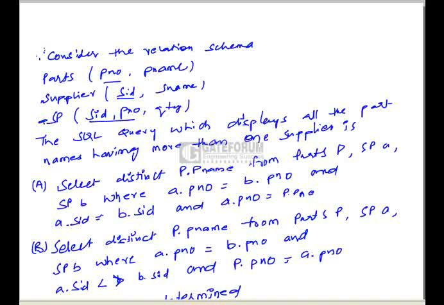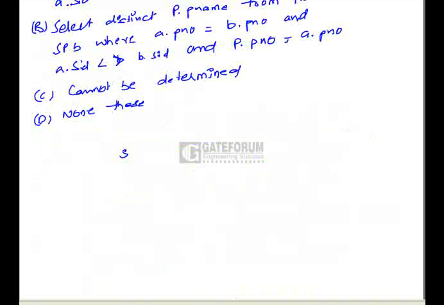Here the query is all the part names having more than one supplier. If we do cross product of this table twice, for example, SPA and SPB, this table is renamed as A and this table is renamed as B. So here SID, P number and quantity. Here also same, SID, P number and quantity.